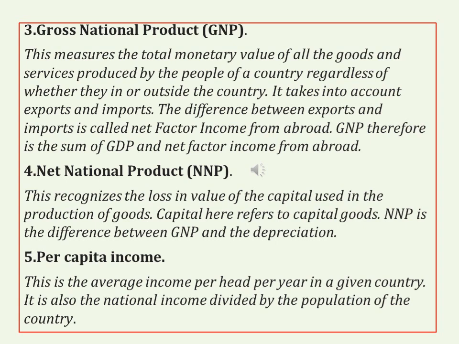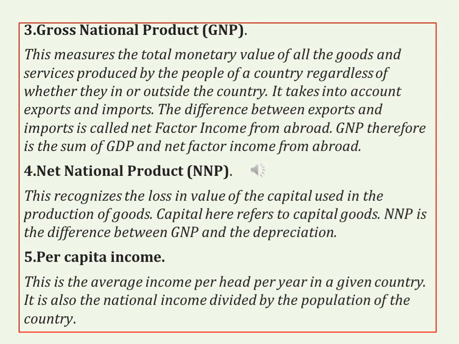And it takes into account the exports and the imports, what you have exported and what you have imported. The difference between the export and the import, which is called net factor income from abroad, increases the gross national product. For instance, if it is Kenya, if we exported more goods than we imported, it means we earned more.